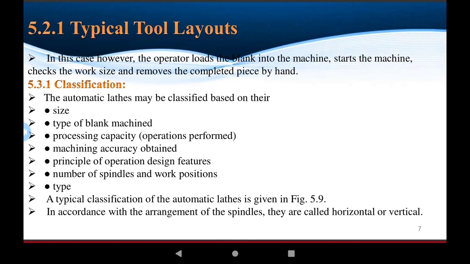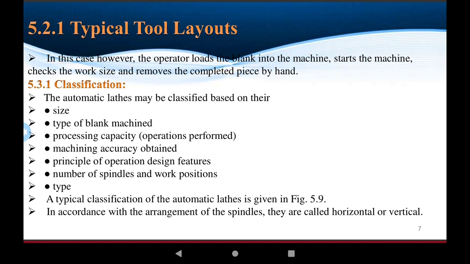In the typical tool layout in this case, however, the operator loads the blank into the machine, starts the machine, checks the work size, and removes the completed workpiece by hand. Suppose the machine is also fitted with a robotic hand in the machine part.